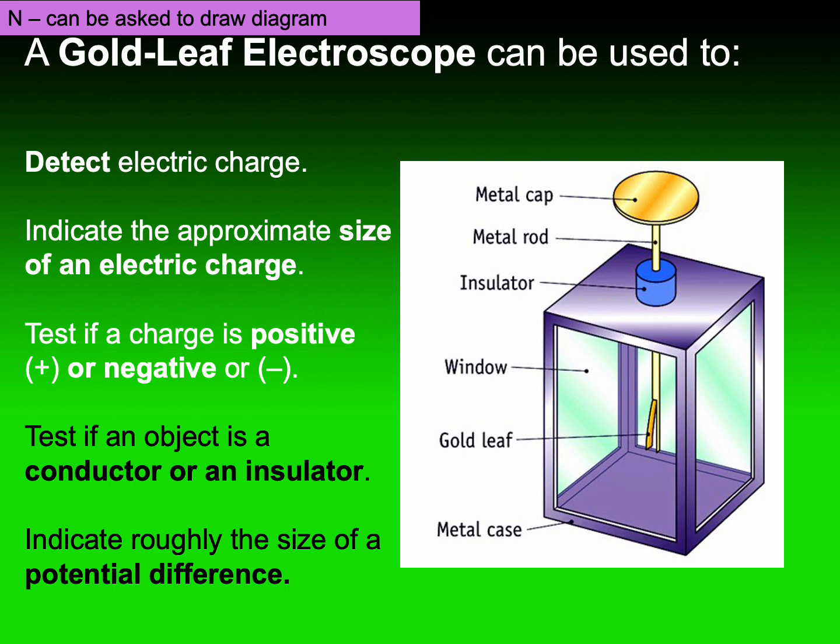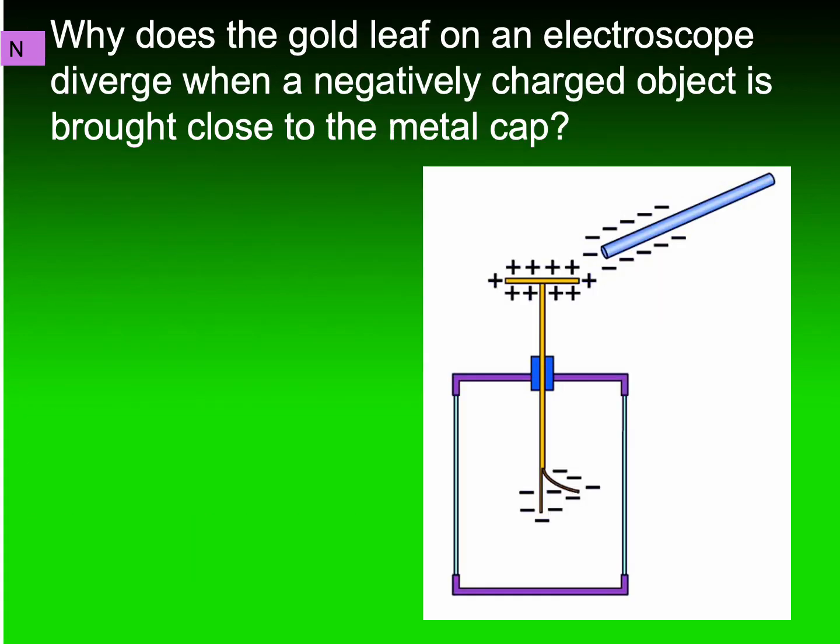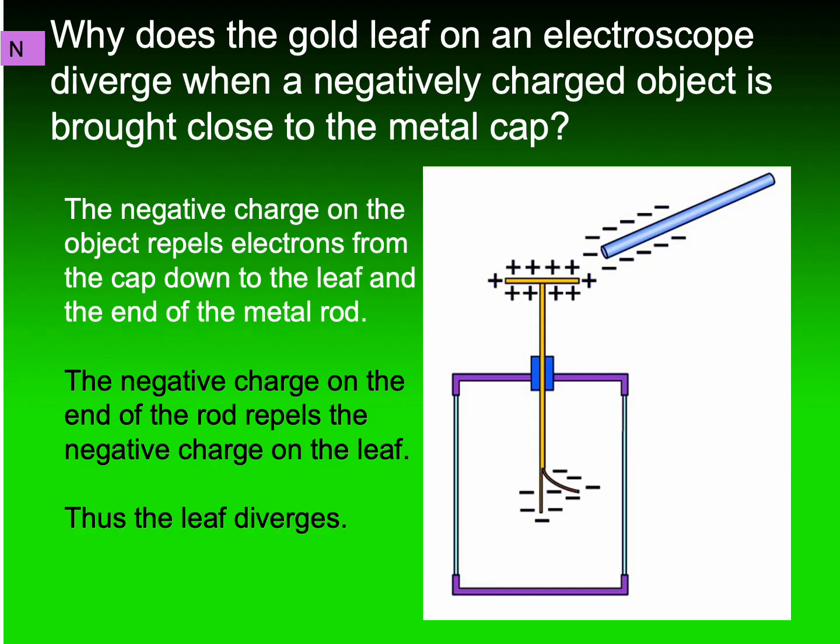Alright. So this one here. So a couple of bullet points here. Why does the gold leaf diverge when the negatively charged rod is brought towards it, the metal cap?